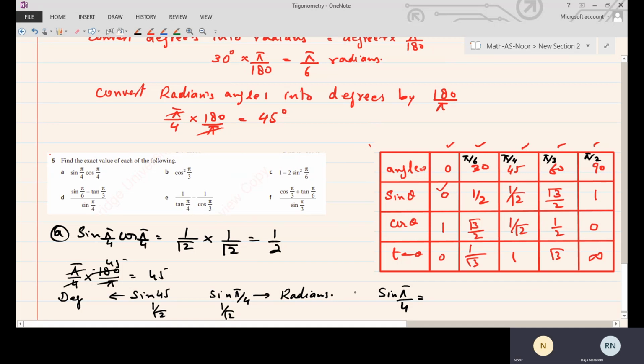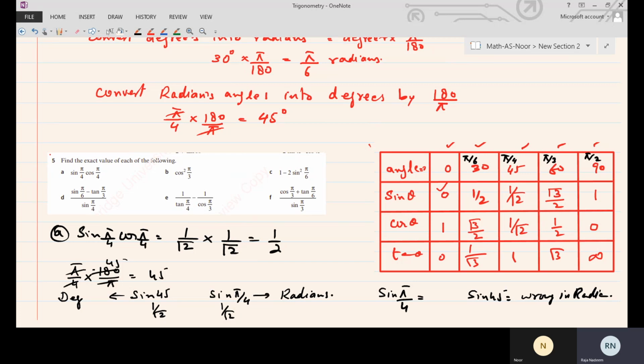In the radian mode, if you press sine of 45, you'll get an answer that would not be equal to 1 over under root 2, so this answer would be wrong. So you have to be careful with radian mode and degree mode. When your calculator is in degree, then take the angle in degree.